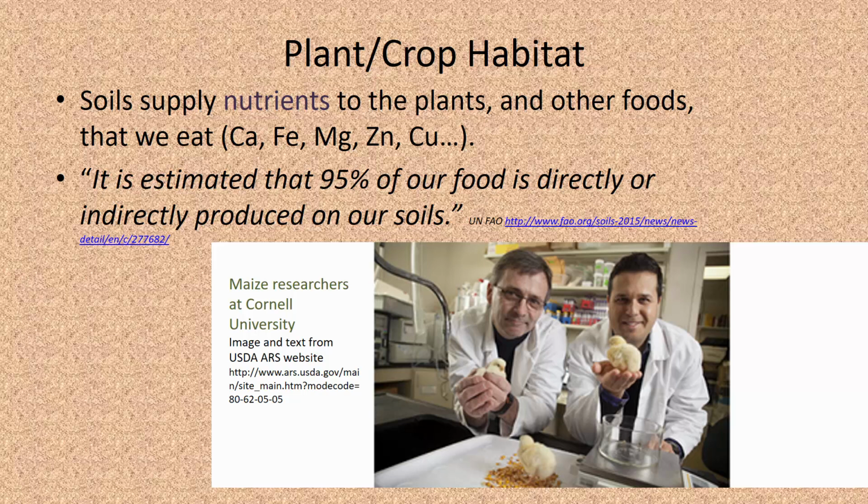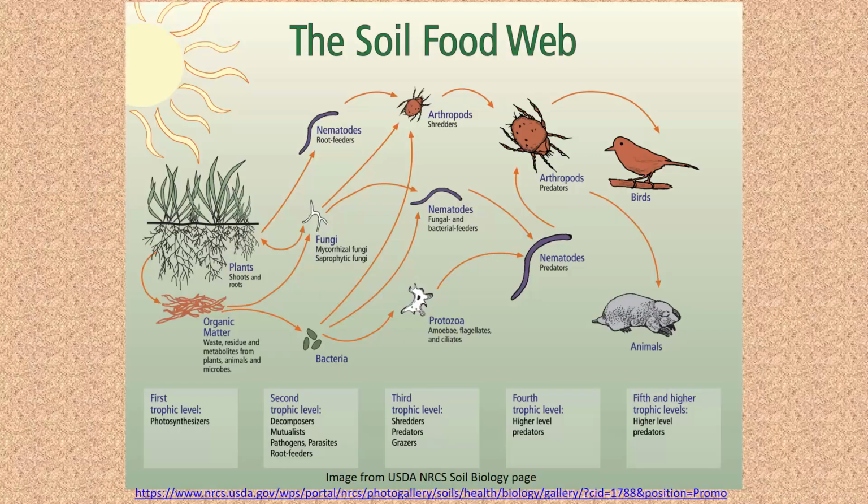So at first you might think 100% comes from our soils, but there are fish that we eat that aren't living in our soils, and seaweed, so that's not growing in a soil. But any crop and any animal that lives on Earth's surface are either directly or indirectly growing on or in the soils.